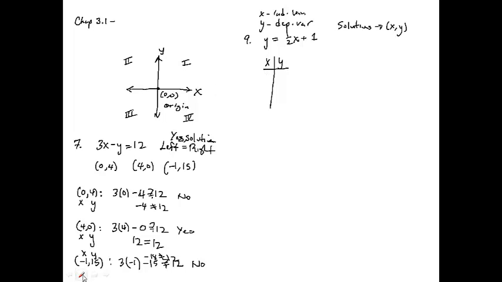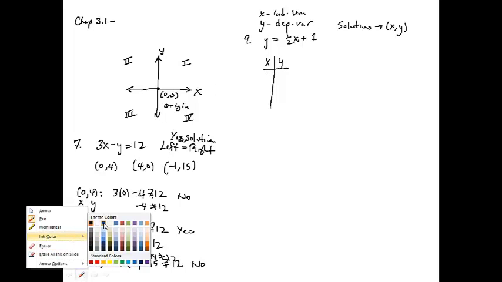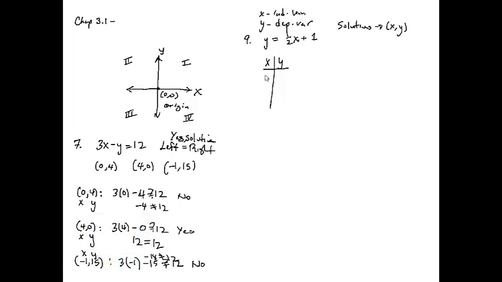Okay, so now let's pick some x's. So we're allowed to pick x, so let's start with 0, and then maybe -1, 1, 2, and -2. Alright, so I have y equals 1/2 times 0 plus 1, because remember you plug in the x to figure out what the y is.